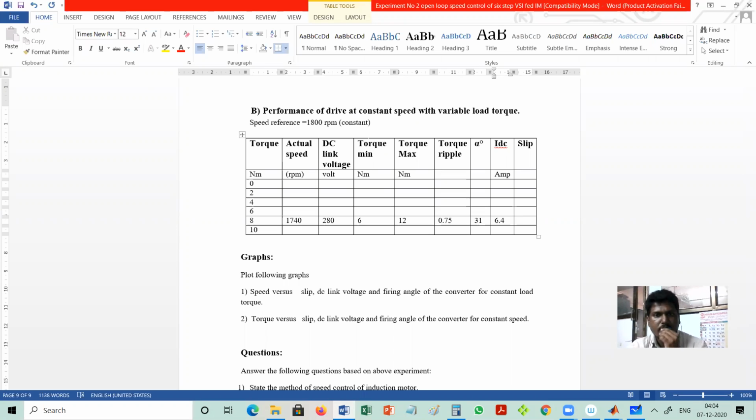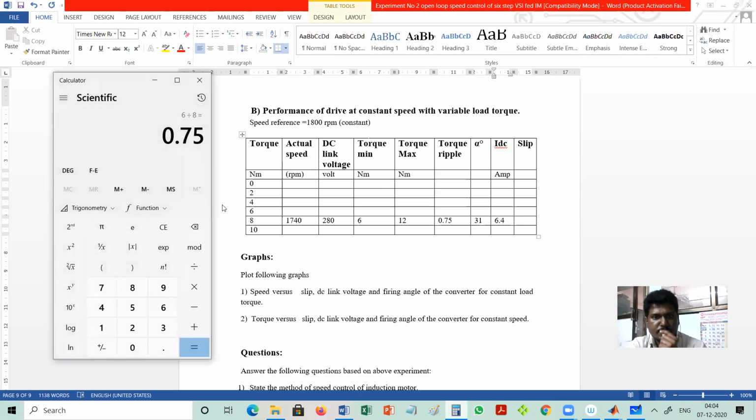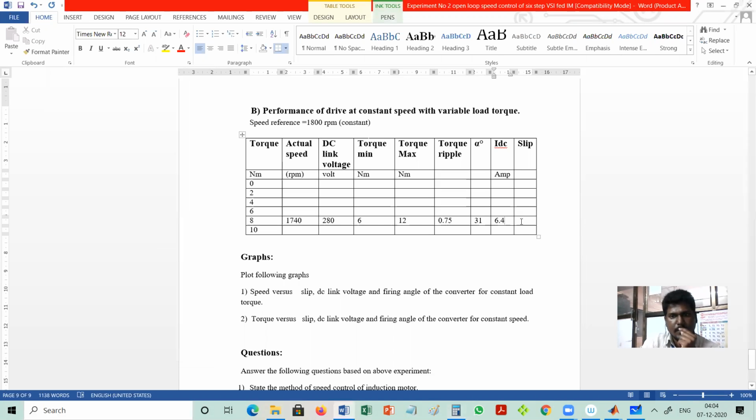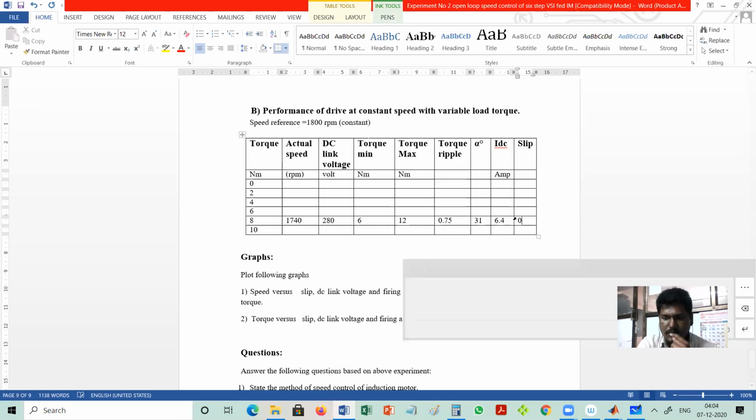Slip you can calculate. Reference is 1800 minus actual speed 1740, divided by reference. It is 0.033.